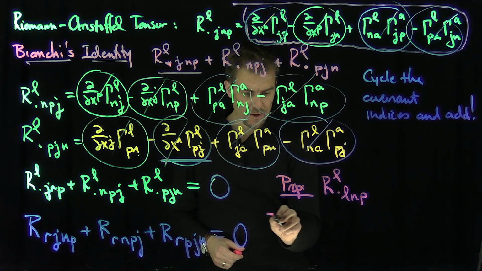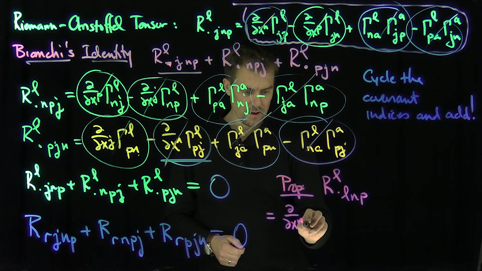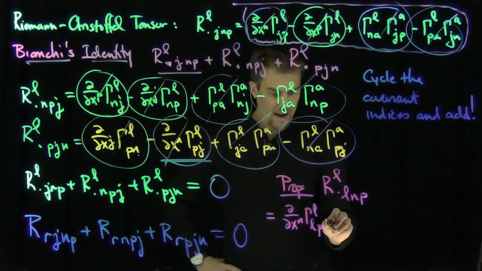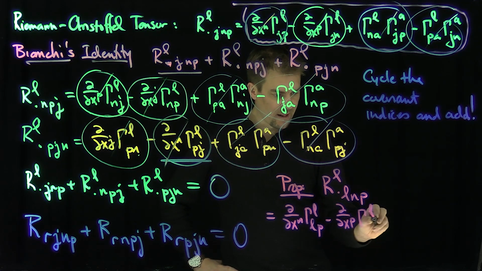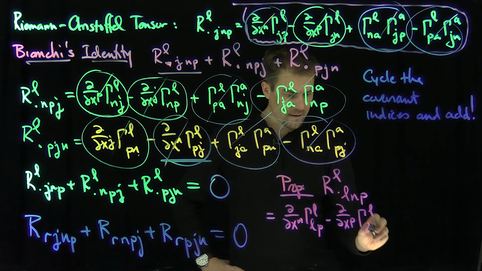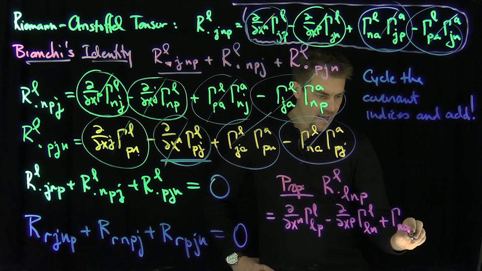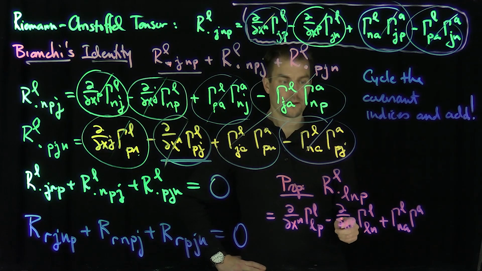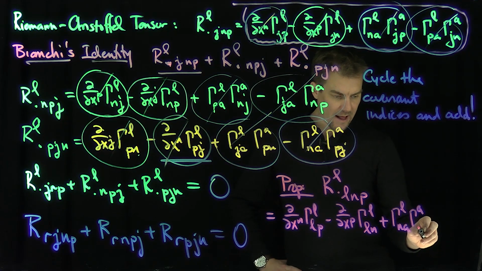This would be d by dx^N of gamma L, and then my J is going to be an L over here, and then a P. And then I have a minus d by dx^P of gamma L, again an L and then an N, plus gamma NAL gamma A, PJ, but that's going to be an L, right? So that's going to be an L.